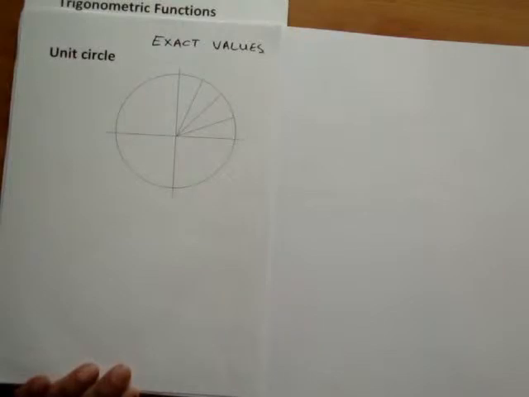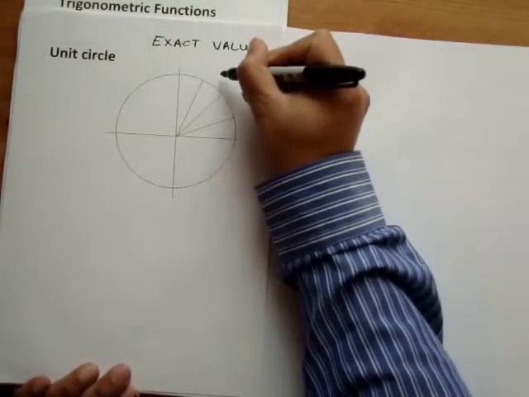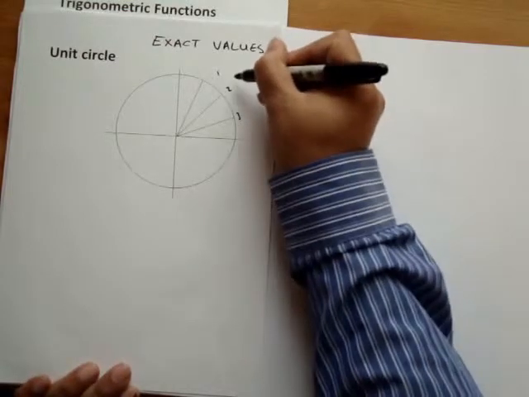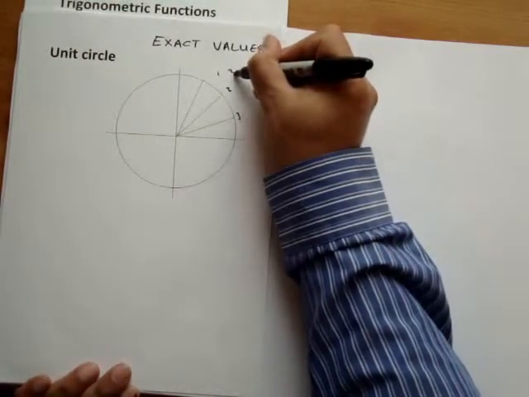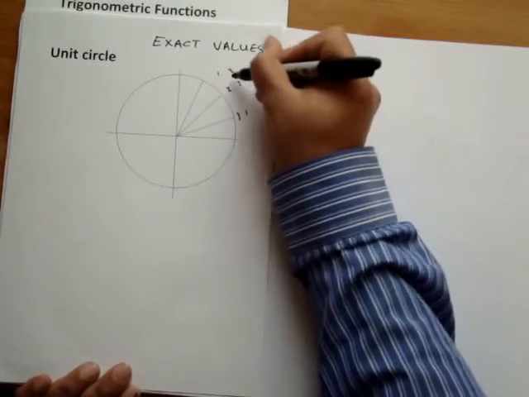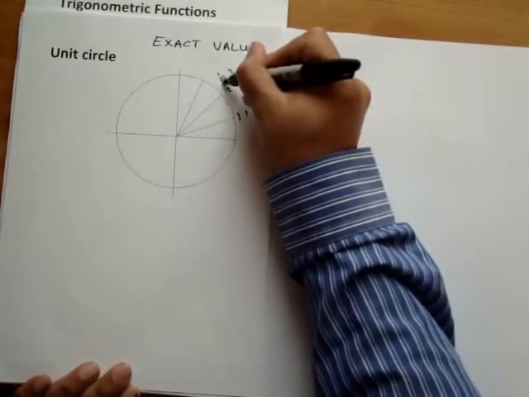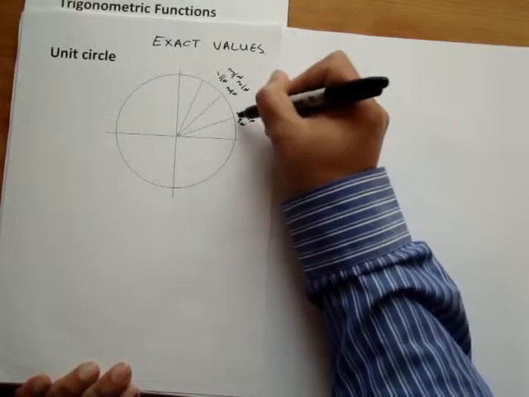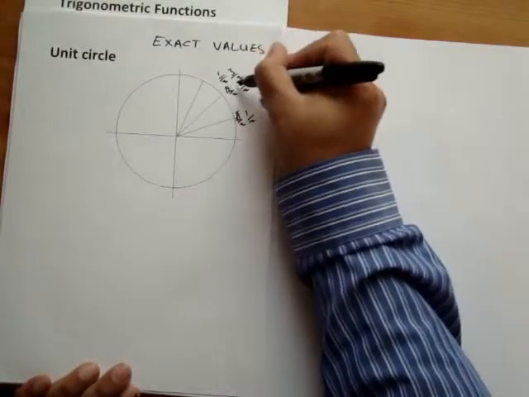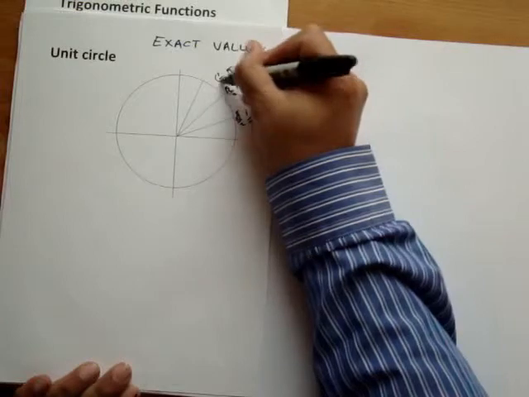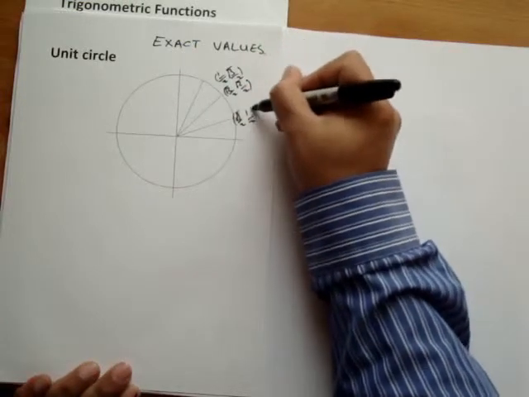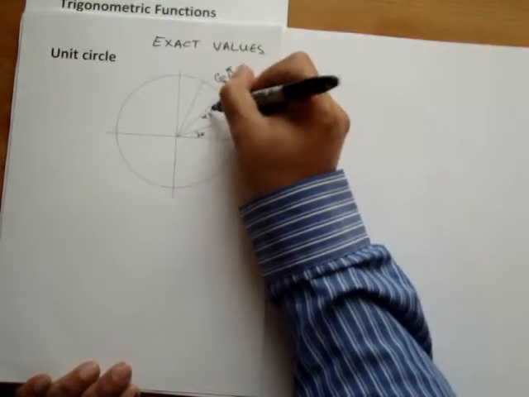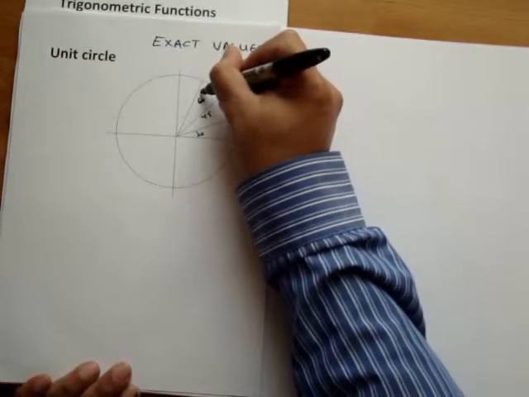So if we remember from our unit circle, we can do quickly 1, 2, 3, and then 3, 2, 1, over 2, over 2, square root, that would be our 30, 45, 60 degrees.